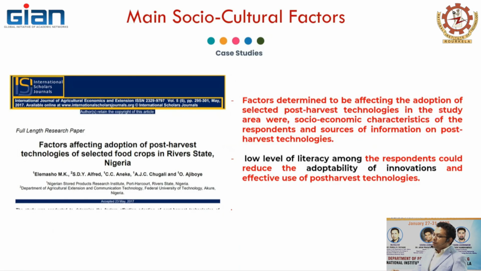But the one barrier, as I already mentioned here, is low level of literacy. When we talk about education, it was still the biggest barrier to adopting technology, because sometimes they very strongly believe in what they're using or practicing. They're not ready to change the practices as soon as possible.